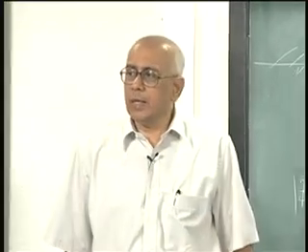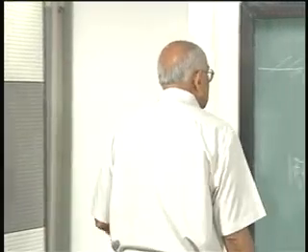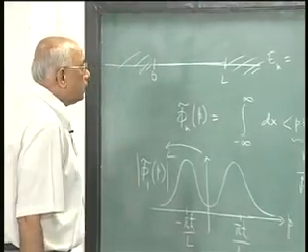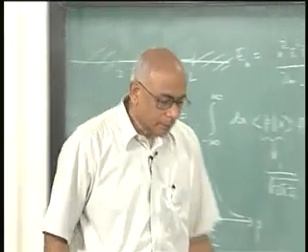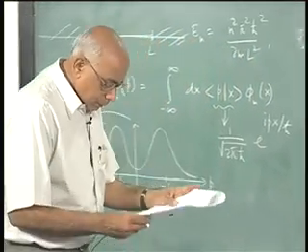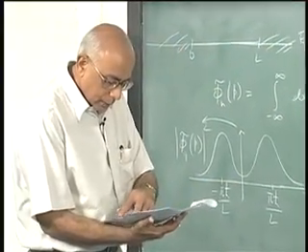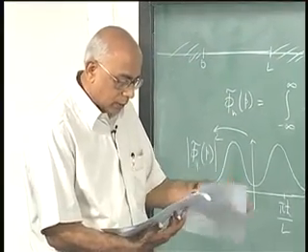The kind of general statement, if you have a function which is compact, which has compact support, then the Fourier transform has support from minus infinity to infinity. The more you try to localize in position, the more it gets spread out in the momentum. So it is not a momentum eigenstate, that is for sure.